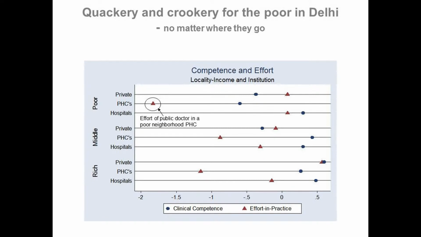You can see that these must be very skewed kinds of variables. And in this diagram, the blue dots represent the competence, and those are those measures of how much doctors know in their hypothetical interviews. And the red triangles are how much effort, how much time, questions, and procedures do they normally give.